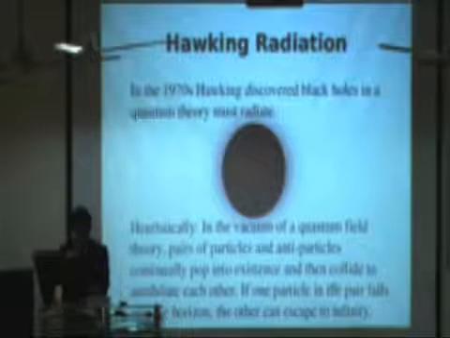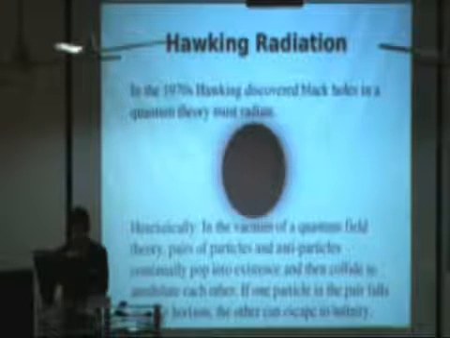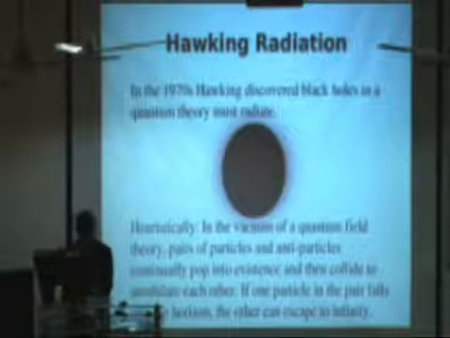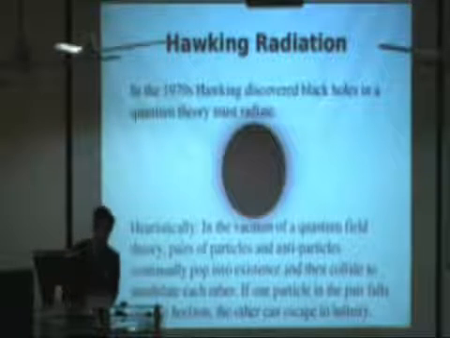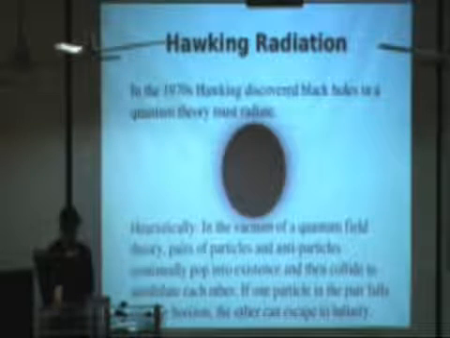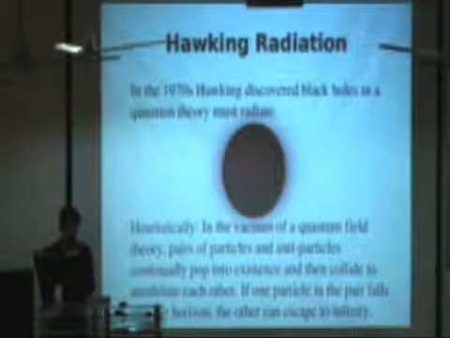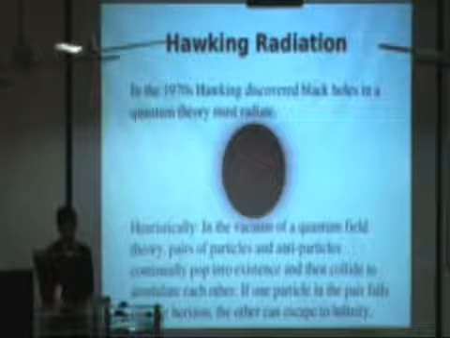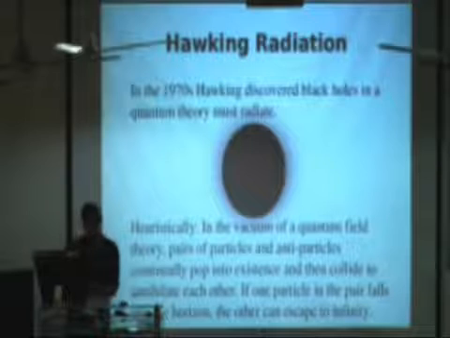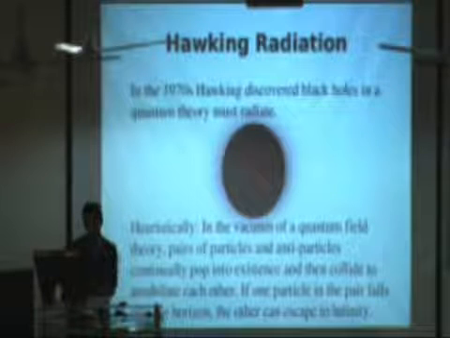Okay, in the 1970s, Hawking discovered that black holes in a quantum theory must radiate. The reason, heuristically, is that in the vacuum of a quantum field theory, pairs of particles and antiparticles continually pop into existence and then collide and annihilate each other.